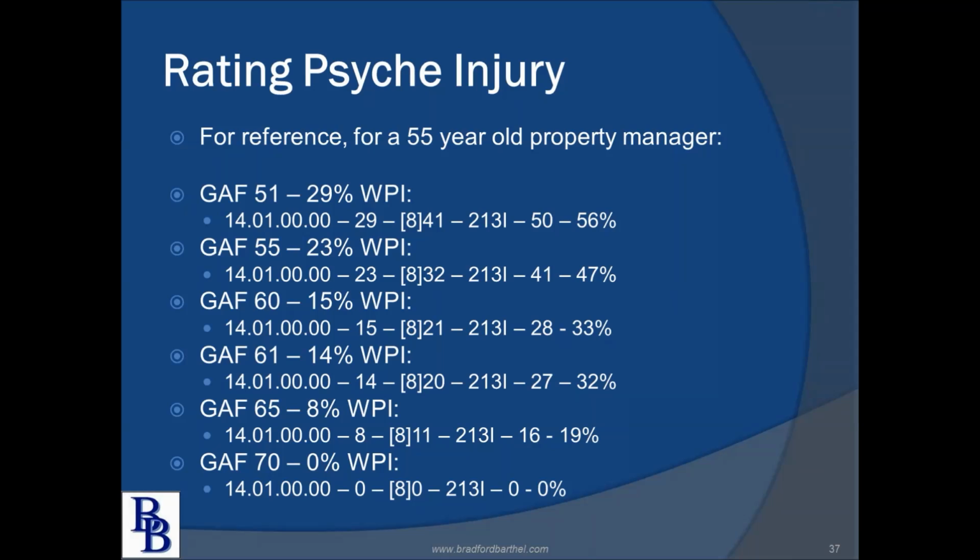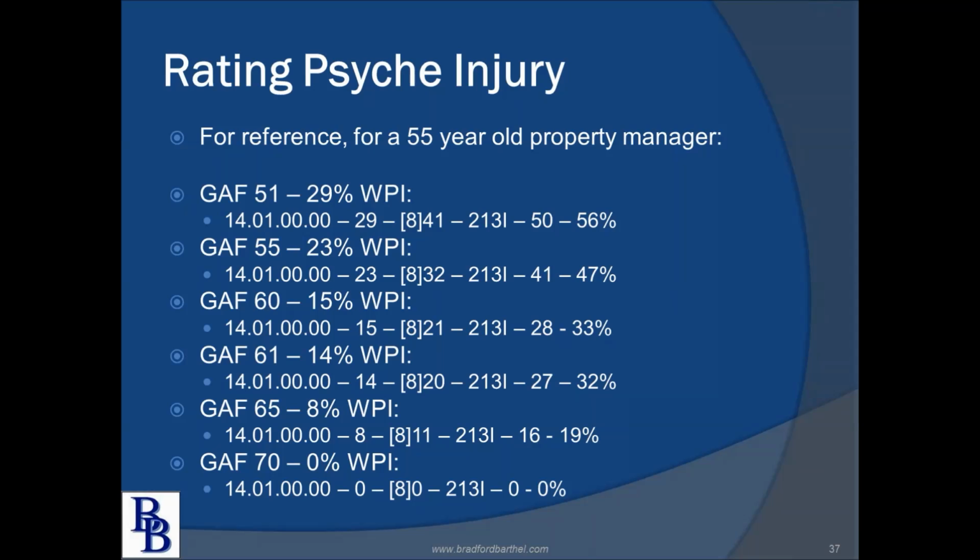The range goes from 29% WPI to 15% WPI, and as you might see, a pretty significant change in permanent disability from 56% to 33%. Those three are all reflective of someone with moderate symptoms or moderate difficulty with function. That's a pretty big range.